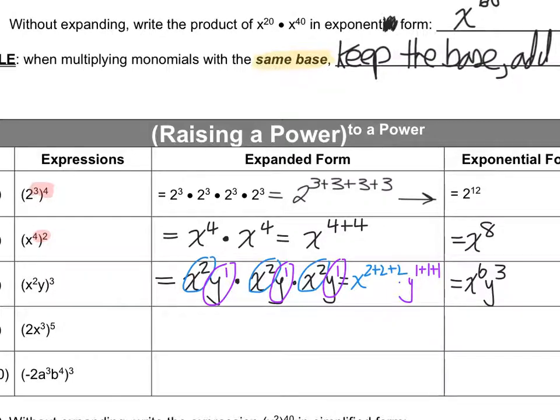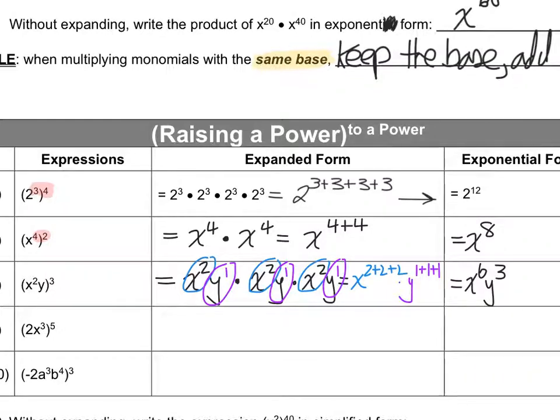It was a property of multiplication that tells us that it doesn't matter what order you multiply in, you're still going to get the same result. Commutative. Awesome. So the commutative property of multiplication tells us that I can move some things around.